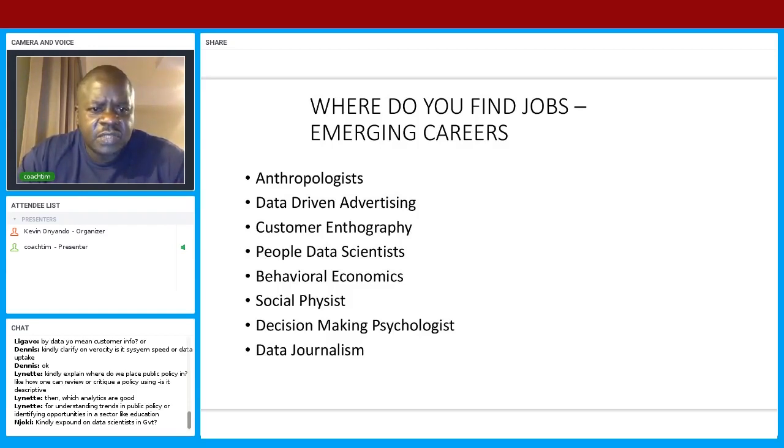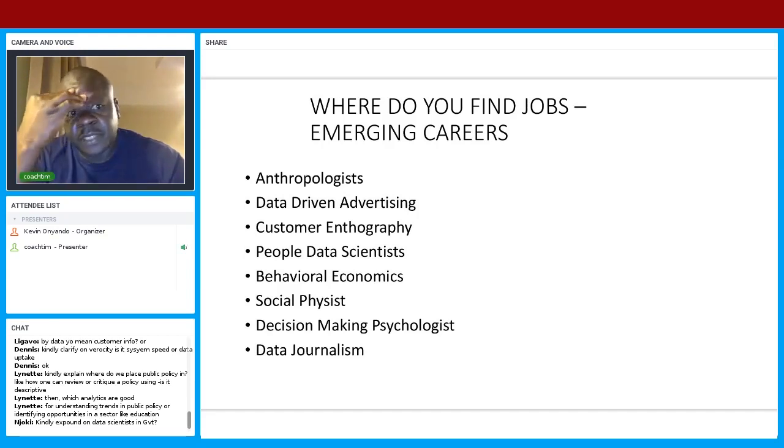For example, Njoki was asking, kindly expand on data scientists in government. You appreciate the fact that government deals with records of data, regulatory frameworks and compliance. So the role of a data scientist in government is to institute measures that ensure the government invests in the right infrastructure to understand the dynamics of its population.